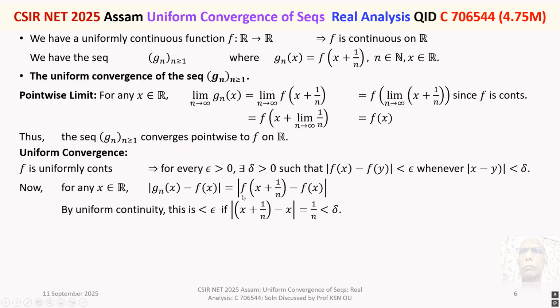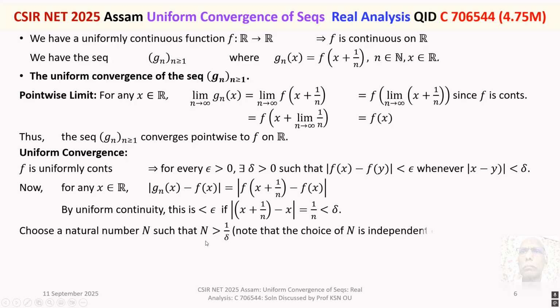This means modulus of f of x plus 1 by n minus f of x can be made less than epsilon when modulus of x plus 1 by n minus x, which is equal to 1 by n, x cancels, is less than delta. We choose an appropriate n to satisfy this one. So, choose a natural number capital N such that N is greater than 1 by delta. You note that this choice of N is independent of x.